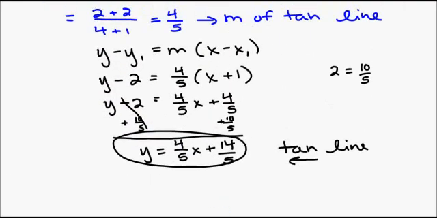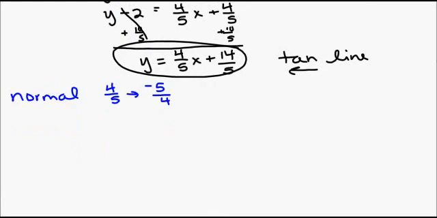Okay, but we also need to find the normal line. You know that the normal is perpendicular to the tan line. So we're going to take 4/5 and flip it over to 5/4 and change the sign, -5/4. And our equation, we use the same basic setup.